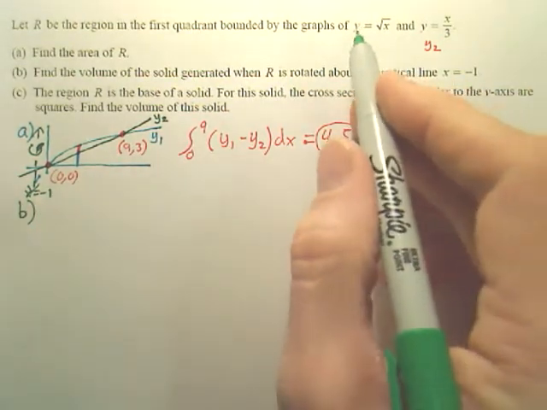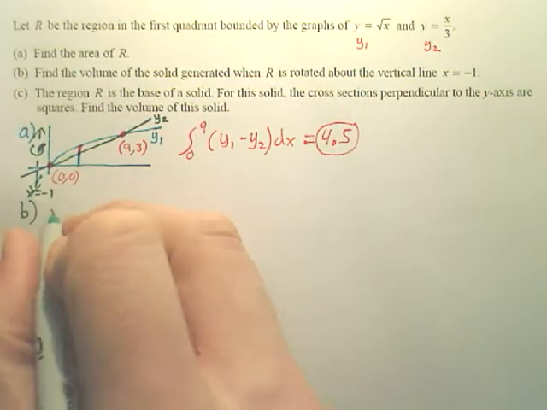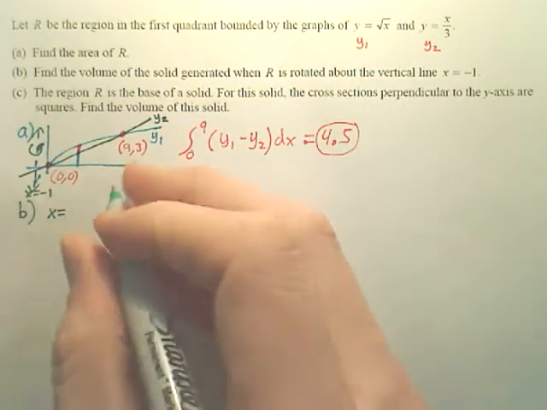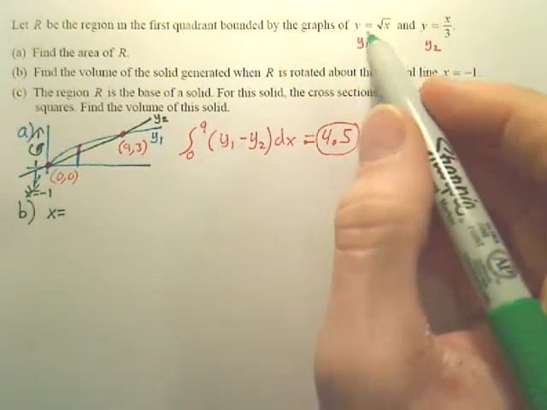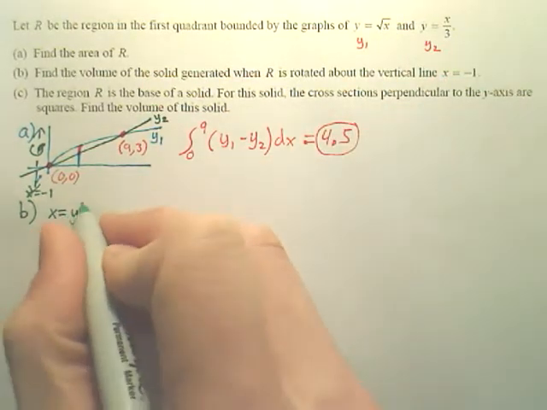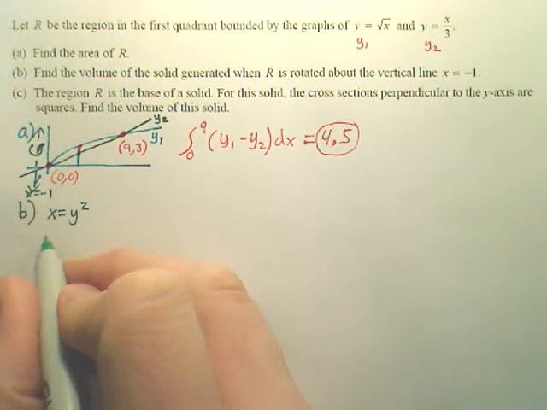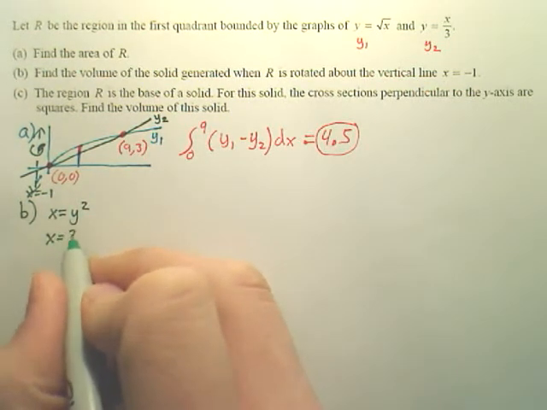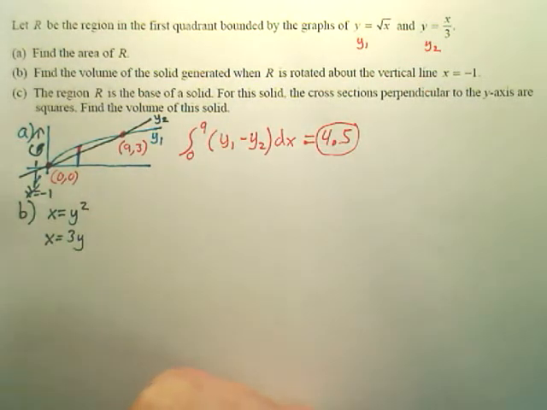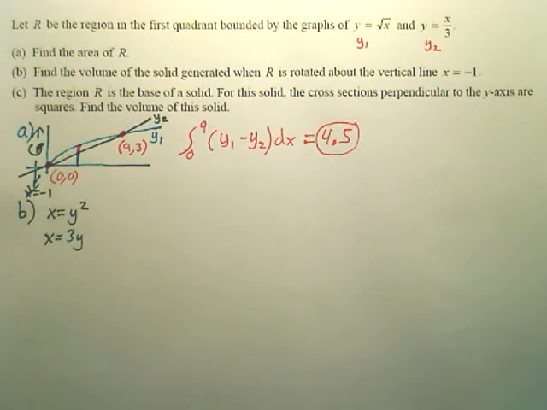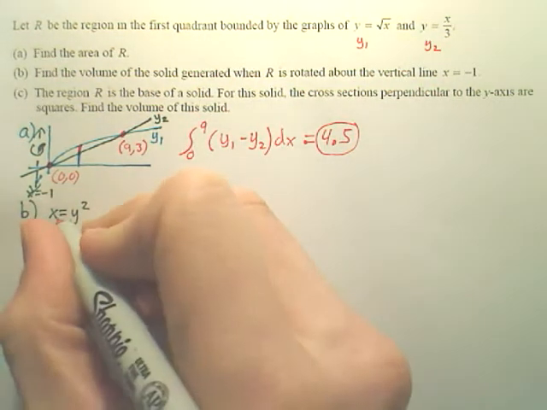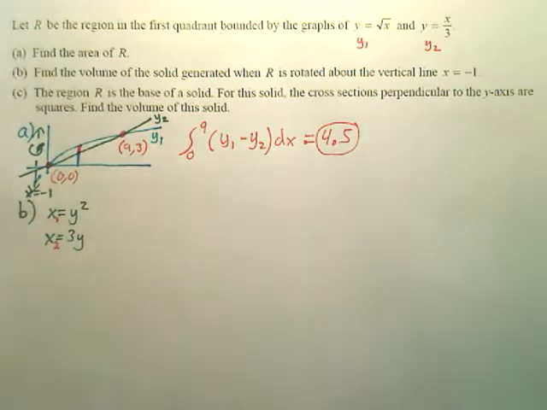The first equation here is going to become x equals y squared. There's your first one. And your other equation is going to be x equals 3y. Now, could I call this x1 and x2? Is that okay? x1 and x2?